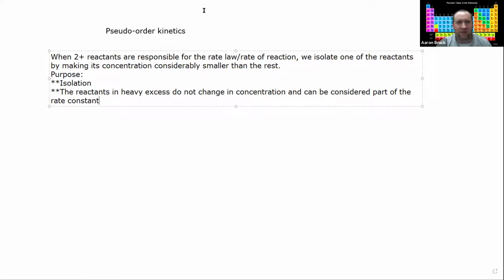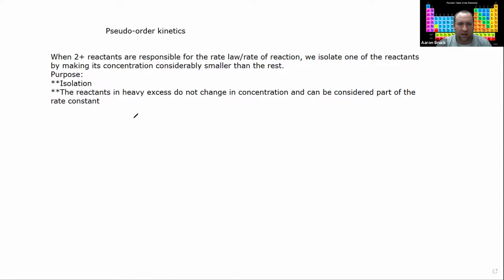So what this means in terms of our rate law, let's just say, for example, we had two reactants. Let's keep it real simple. So our rate law would be R is equal to the rate constant K multiplied by the concentration of A raised to its power, multiplied by the concentration of B raised to its power.